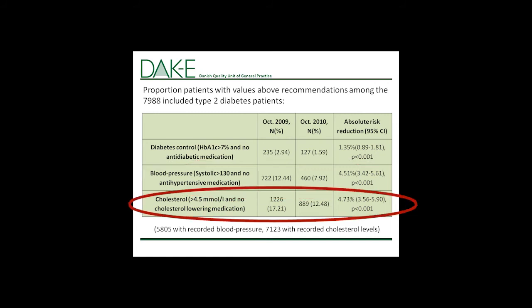And for cholesterol, again it's a benchmark: the proportion of patients who have a cholesterol level above 4.5 and do not receive any cholesterol lowering medications. In October 2009 it was more than 70% of the patients, and it was reduced 1 year later to 12.5%. So in all, we have a very huge improvement in benchmarking for the patients.